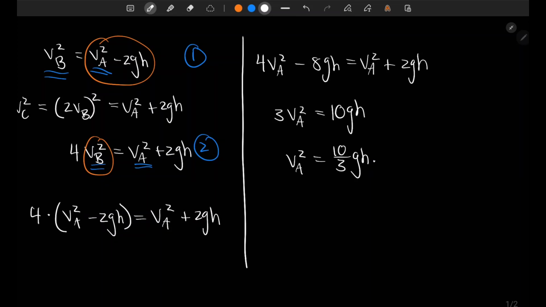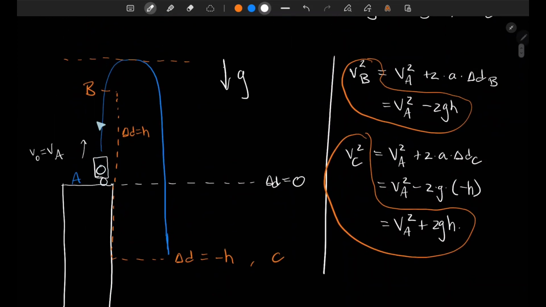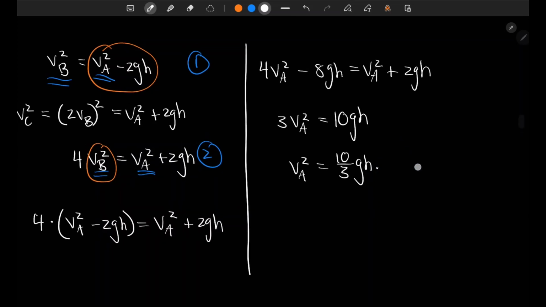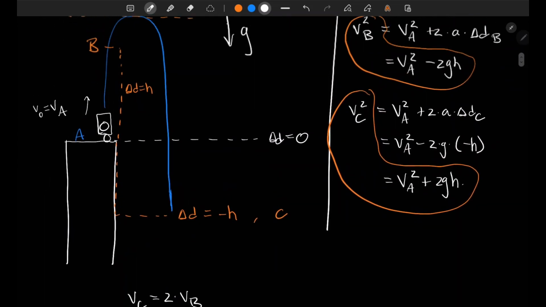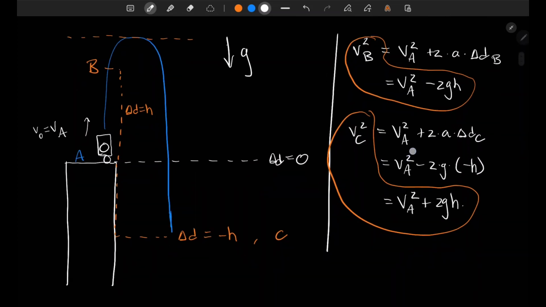Okay, so what have we found here? What we found is that the initial velocity, the velocity when this cannonball first leaves the cannon, is 10 over 3 times g times h. That's pretty great, because we can now calculate when it reaches its maximum height.